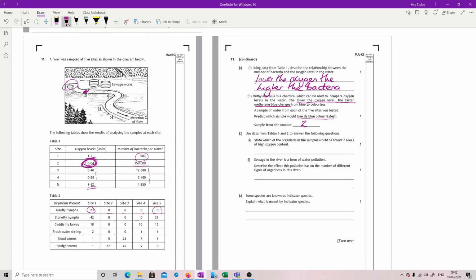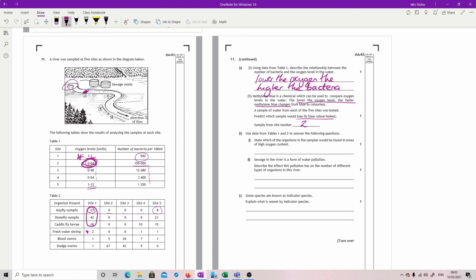Use data from tables 1 and 2 to answer the following. State which of the organisms would be found in areas of high oxygen content. Our high oxygen content is basically at 1. Basically it's these guys. The freshwater shrimp, you could argue, maybe, because it's a 2 and then only 1, but it still had one of them at the 0.54, which is half of the top level.